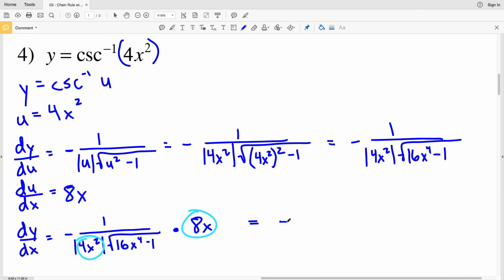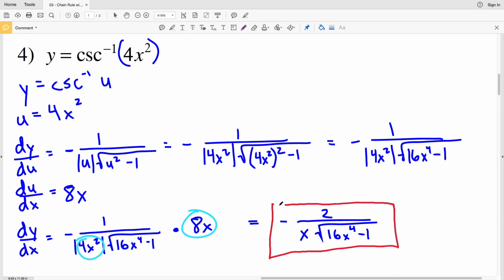So this is going to be negative 2 all over 4x squared divided by 4x is going to be x times the square root of 16x to the 4th minus 1. And that's my solution in number 4: negative 2 over x times the square root of 16x to the 4th minus 1.